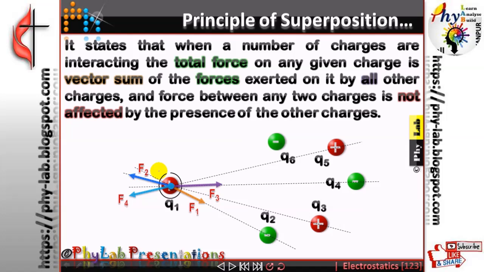Then I've got another pair, Q6, unlike paired. What type of force is going to be exerted? Attractive, and this particular force is also going to act along the line joining the two, pulling it towards itself, and we call it F5. So friends, there are 5 particular forces: F1, F2, F3, F4 and F5.